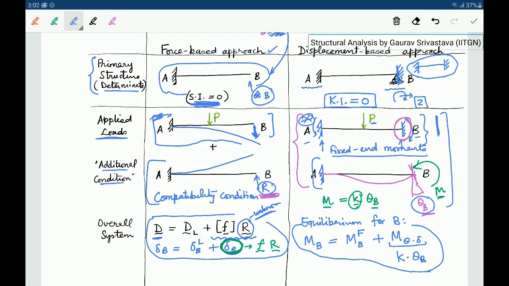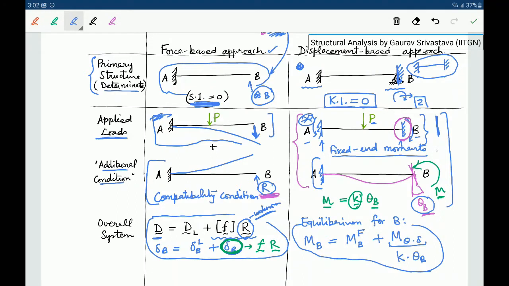So the overall steps remain the same: first we construct a kinematically determinate structure where Ki is equal to 0, and the advantage is that the choice of structure is unique in this case.